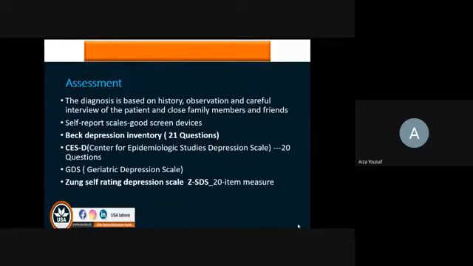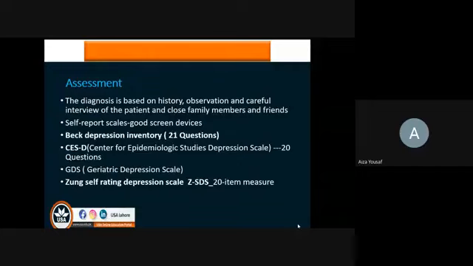As we have done our group projects for the geriatrics subject, in which we went through some questionnaires, either performance based or self-reported, for the assessment of fall and balance, in the same way there are some self-reported questionnaires for the assessment of depression, like the Beck Depression Inventory, which consists of 21 questions, the CES-D, Center for Epidemiological Studies Depression scale, which consists of 20 questions, then the Geriatric Depression Scale, and then the Self-Rating Depression Scale, which consists of 20 items.